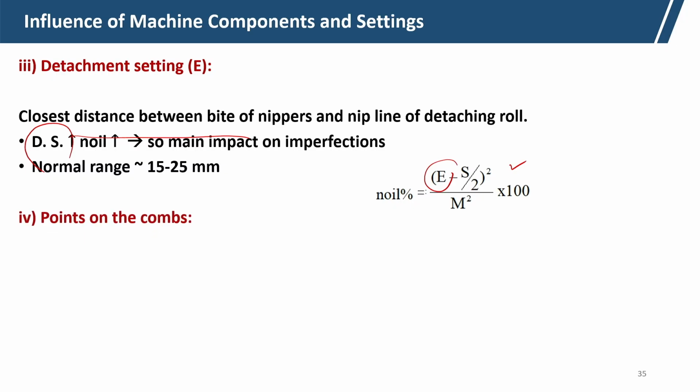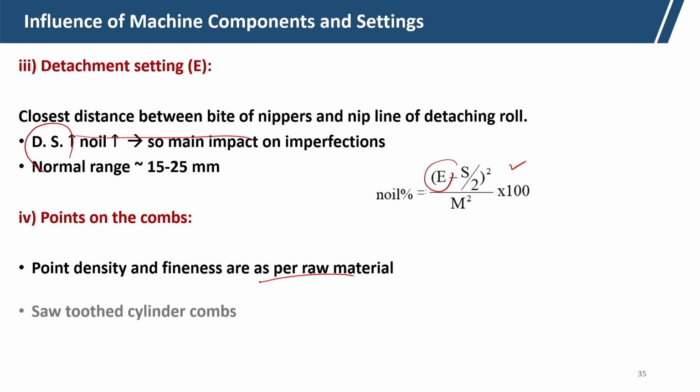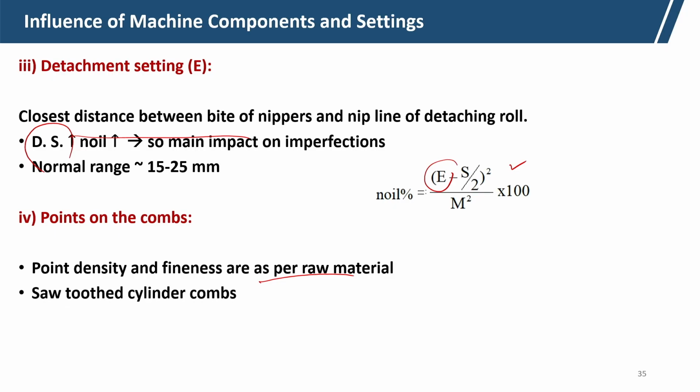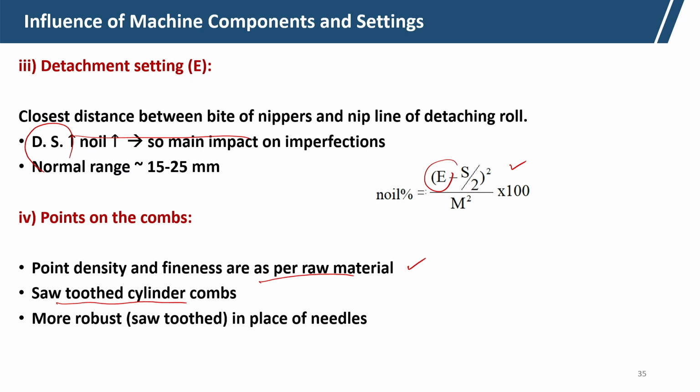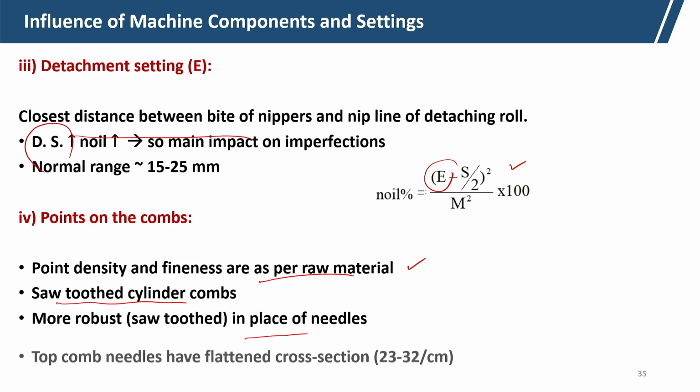Then points on combs: point density and finer comb per material. As point density increases, the Noil percent increases. Sawtooth comb is used for the cylinder comb, more robust in place of needle comb for high speed combers.